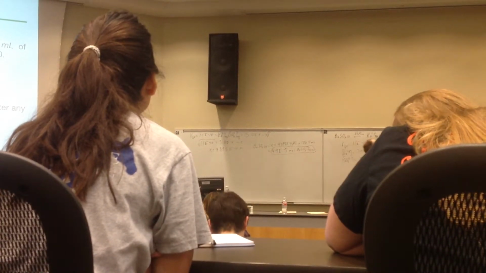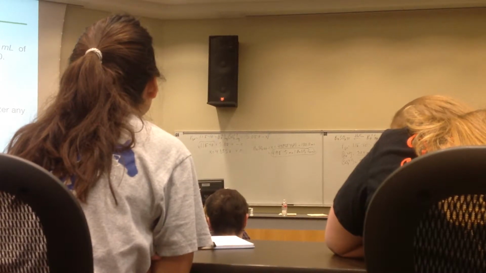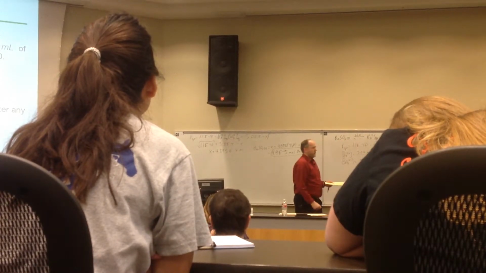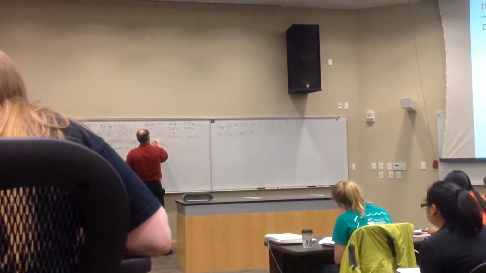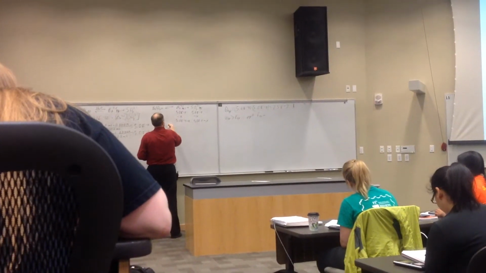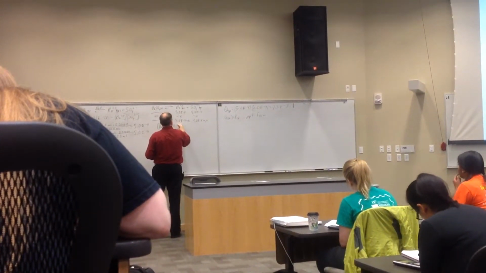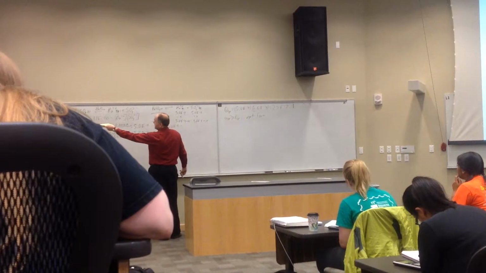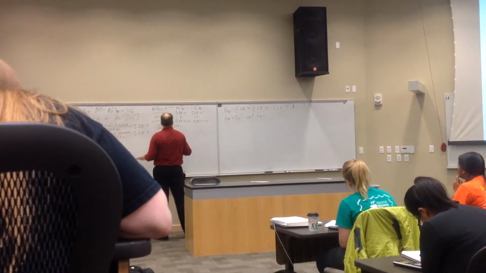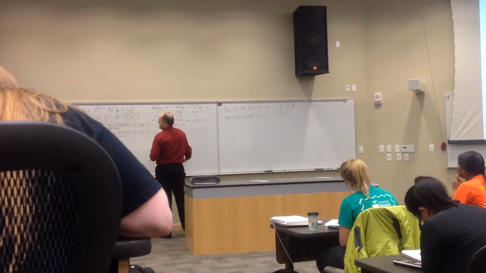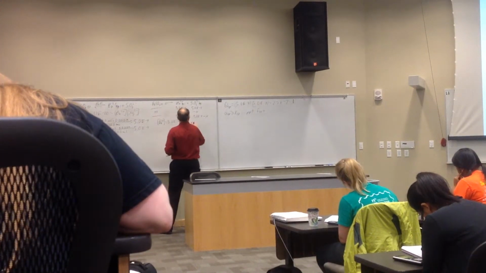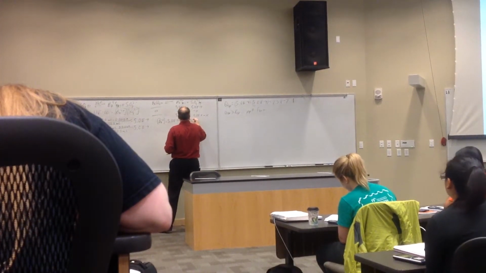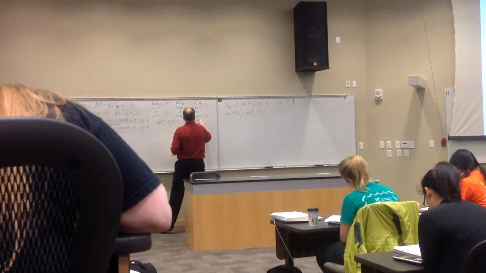Okay? Now, it asks me for the concentration of all ions that are in solution. Okay? Well, concentration of barium is the 5.0 times 10 to the minus 4 minus the value of X, which X is 4.895 times 10 to the minus 4.